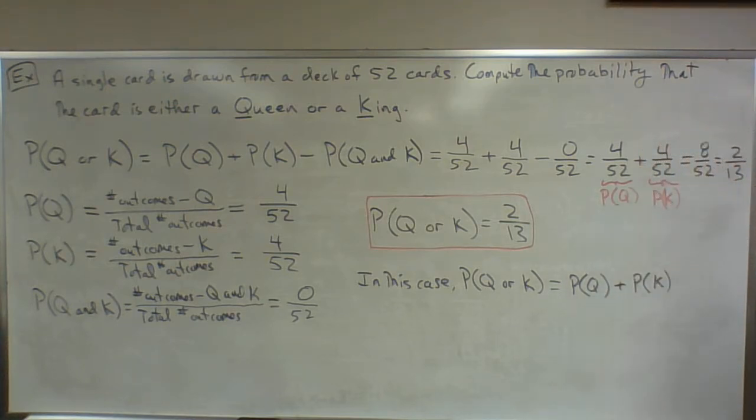In this case, the probability of a queen or a king turned out to be just the probability of getting a queen plus the probability of getting a king.